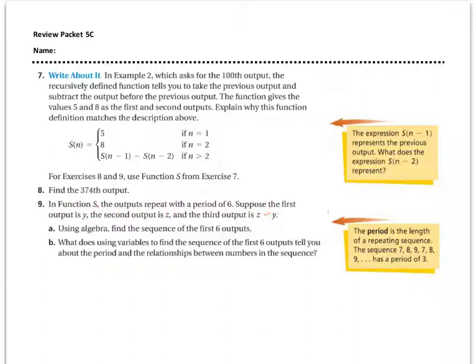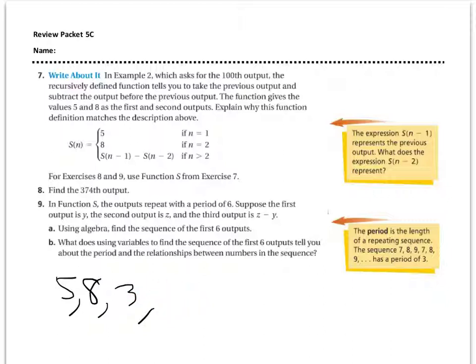Okay, period of 6. That means you have 6 numbers before you go back to the first number, right? Find the sequence. Okay, it's not that bad. So if it goes 5, 8, and this says subtract 1 before minus 2 before. 1 before was 8, 2 before was 5, subtract it, it's 3, and then you do it again.